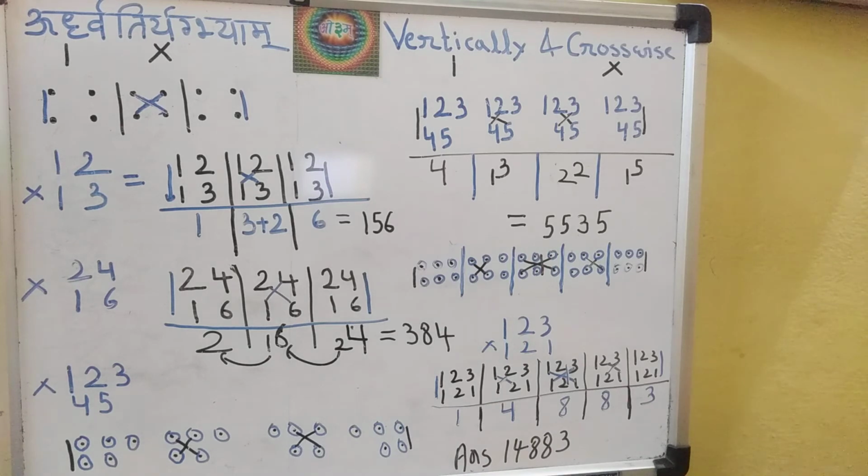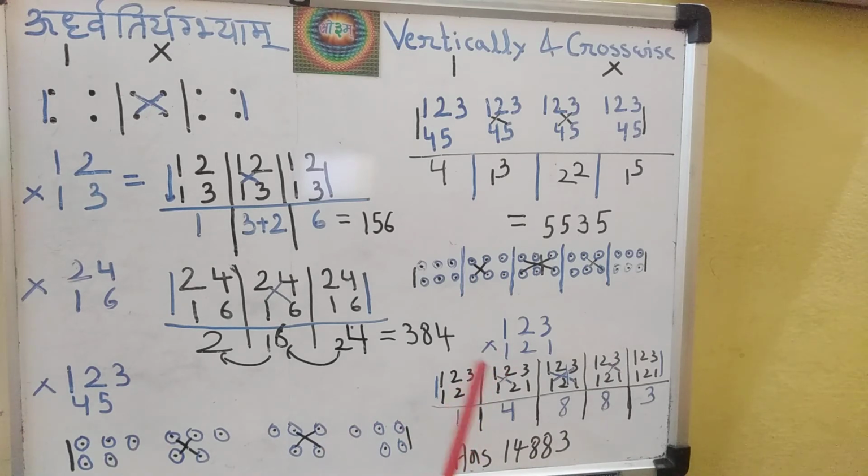And in the fourth step, we multiply the last 2 digits of each number crosswise and the partial products are added. And in the final step, that is the fifth step, we vertically multiply the unit place digits.